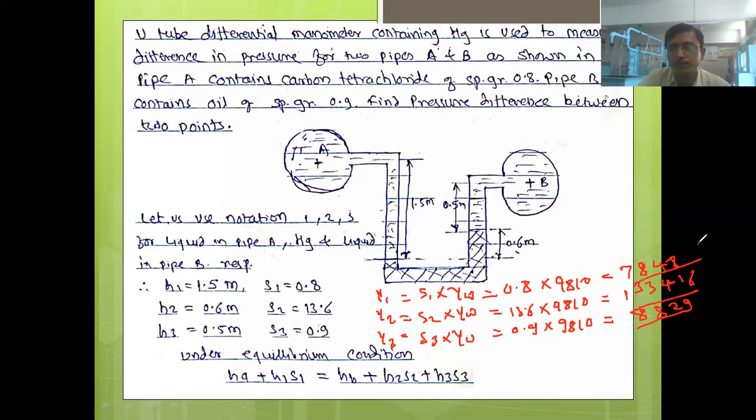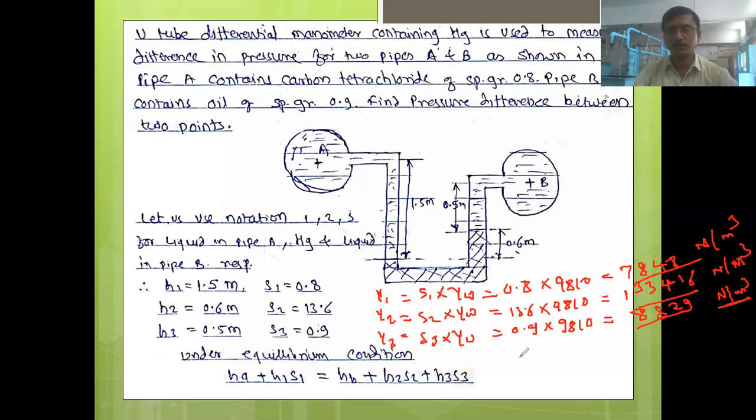Has everyone got this? The unit will be Newton per meter cube, as these are the weight densities, right? Yes, anyone? Have you got these values? Yes, sir.